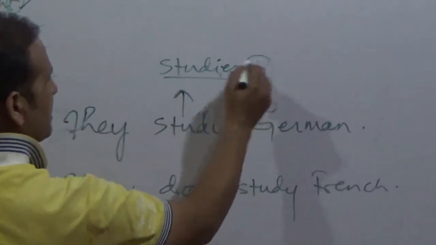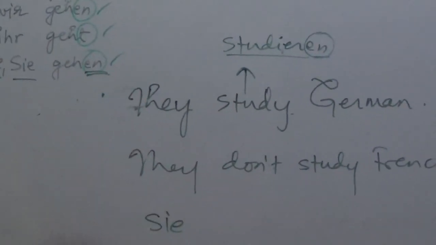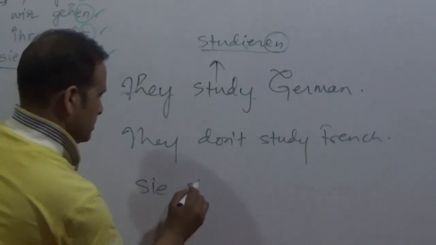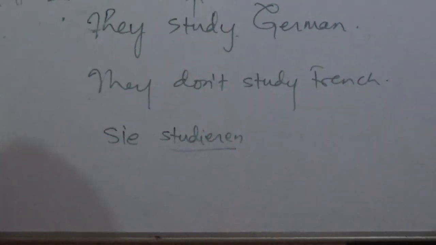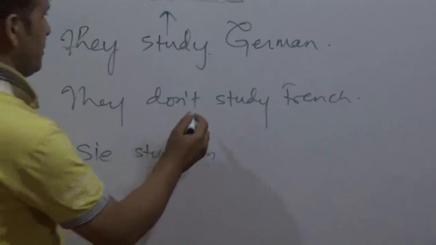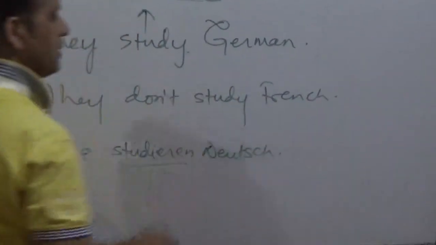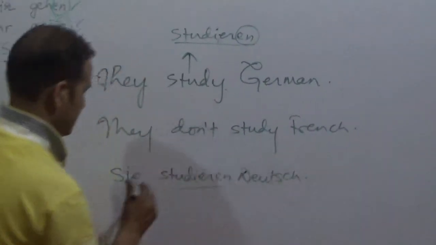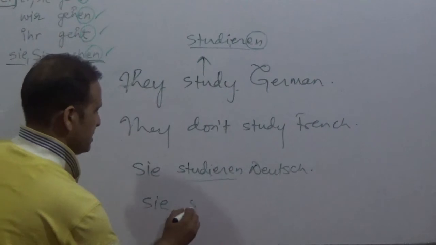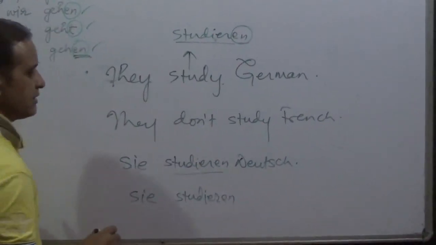So here en remains en in this case, so the rest of the verbs follow the same pattern. So second place is the place for verb. So studieren. Sie studieren. And then German, Deutsch. Sie studieren Deutsch. They don't study French. Sie, second place, is the place for verb. Studieren.